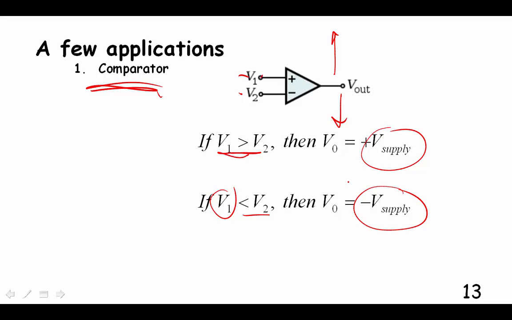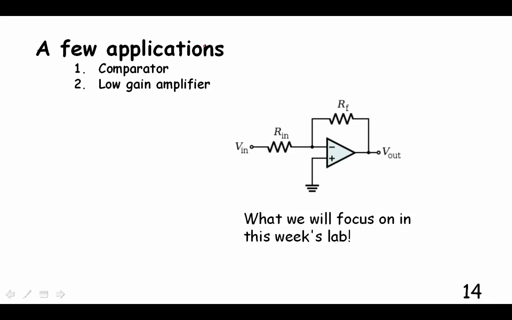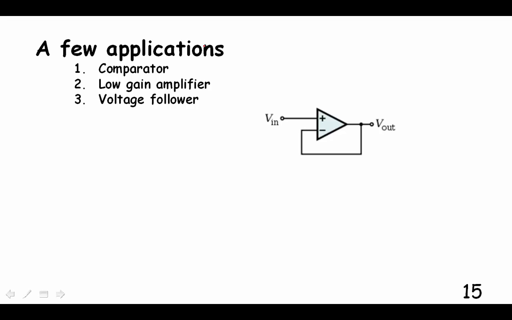This is usually not used for an op amp because we have dedicated comparators that work better than an op amp does in this configuration, but I just wanted to show you what an op amp would do if it wasn't hooked up to any resistors or anything. Low gain amplifier, that's what we're going to look into today. I won't go into more of that.